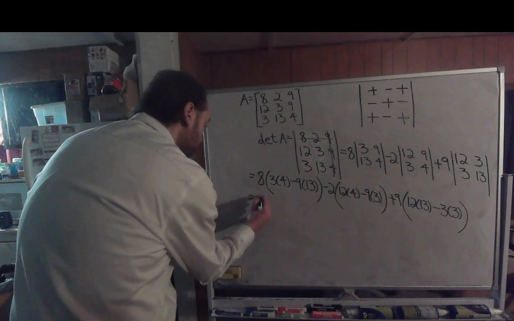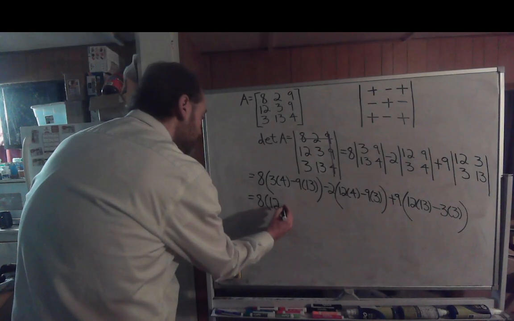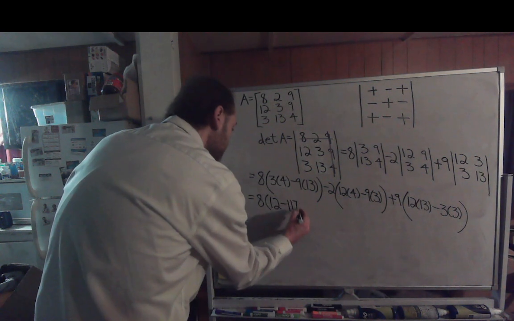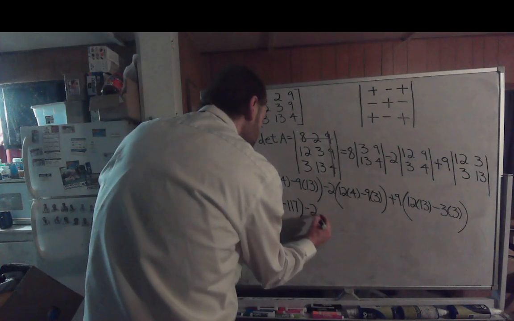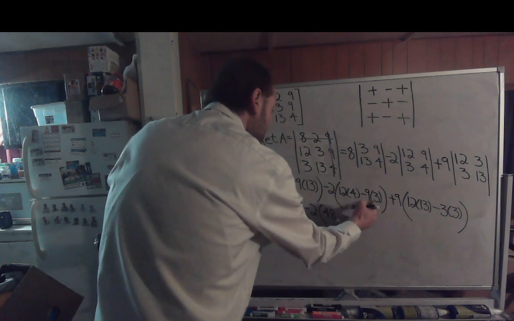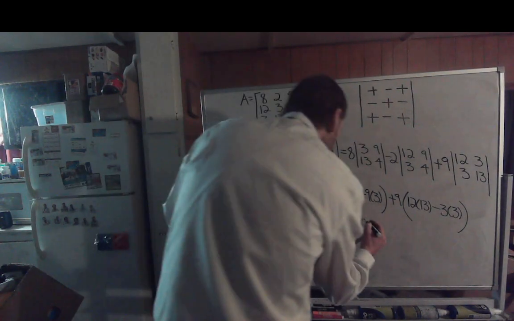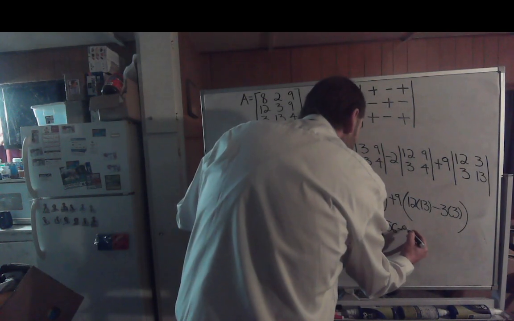Alright, so let's work in our parentheses. 8 times, let's see, 3 times 4 is 12. Minus 9 times 13, that would be 117. Minus 2 times, let's see, 12 times 4 is 48. Minus 9 times 3, that'd be minus 27. Plus 9 times, let's see, 12 times 13 is 156, minus 3 times 3, which is 9.